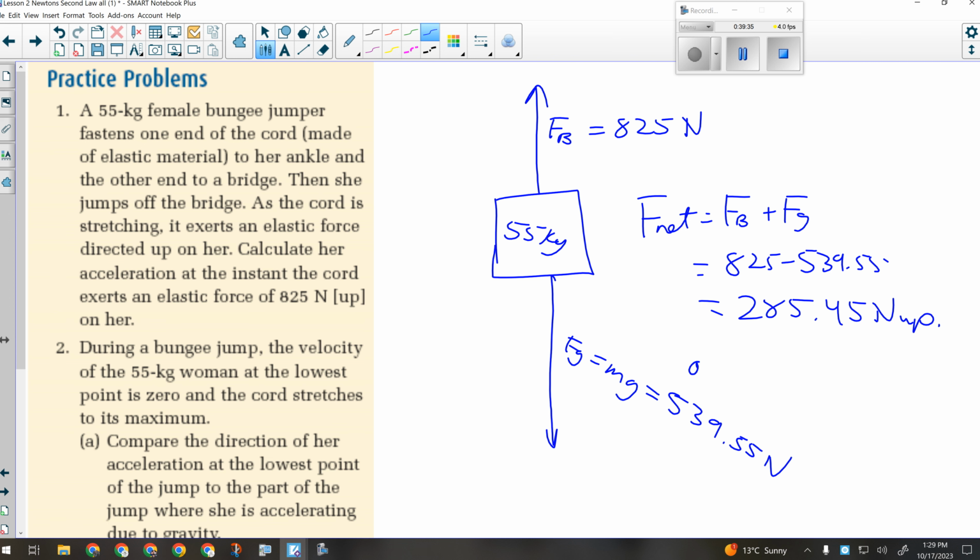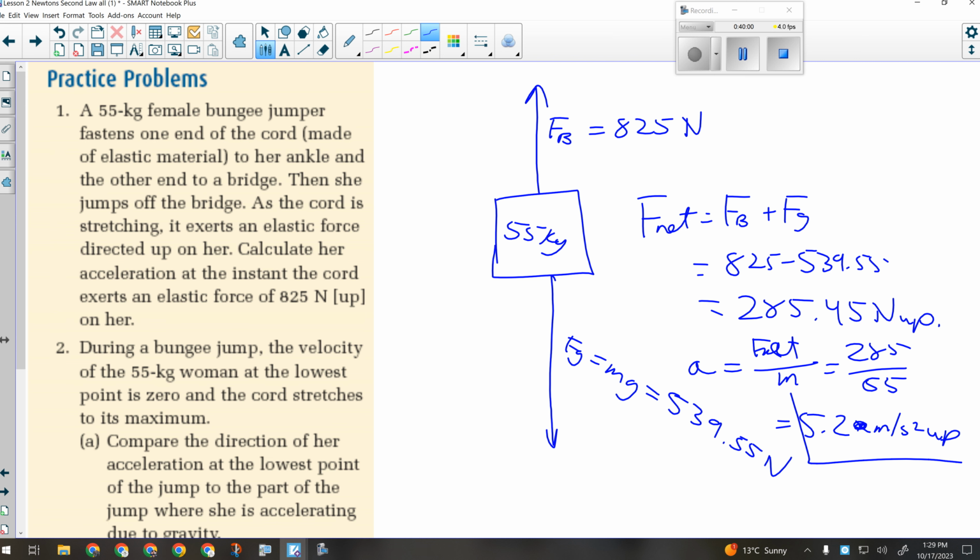I should be able to calculate her acceleration by taking my net force that I just calculated and dividing it by her mass, 55. So 285 divided by 55, and we should have an acceleration of 5.19 meters per second squared. Actually, we only have 2 significant digits, 5.2 meters per second squared up.